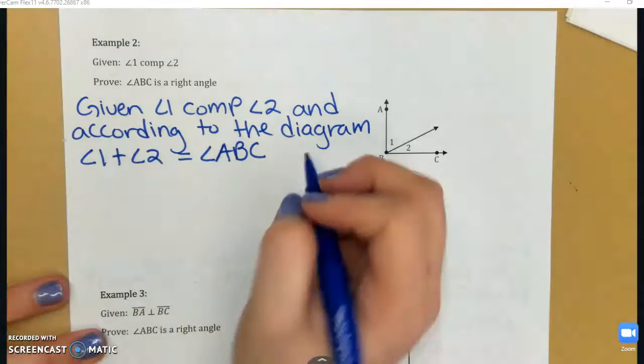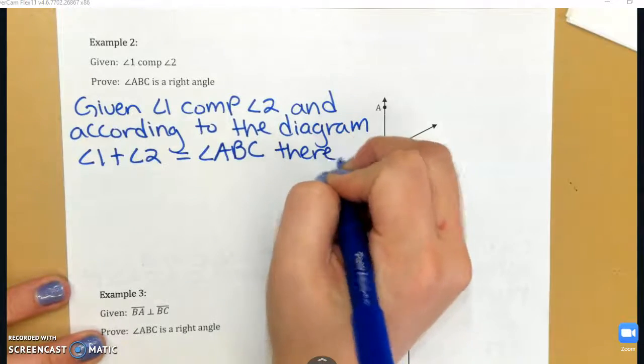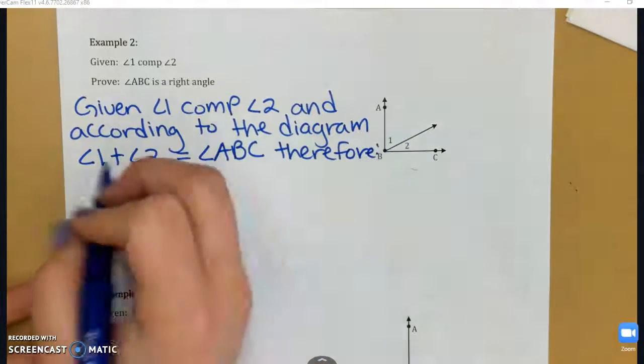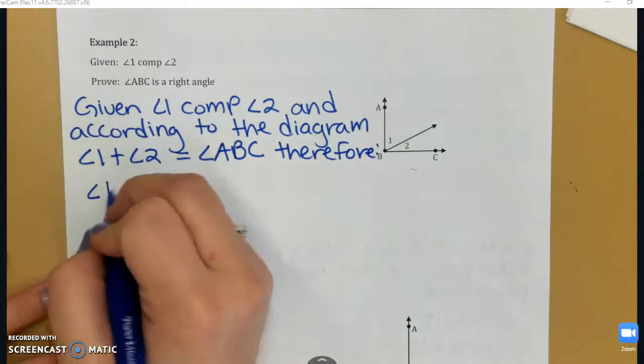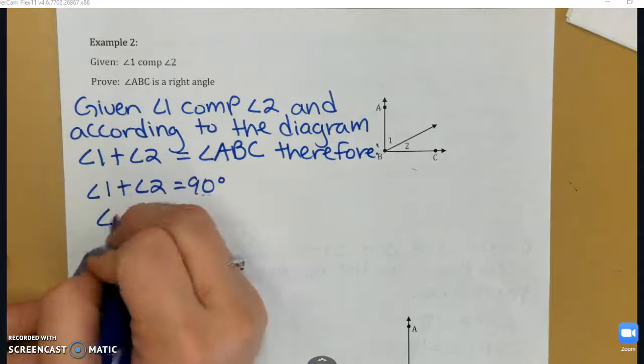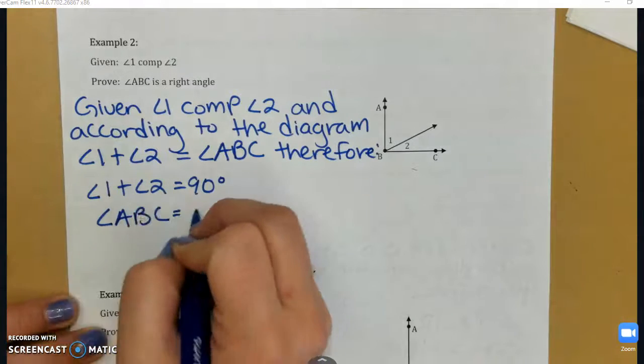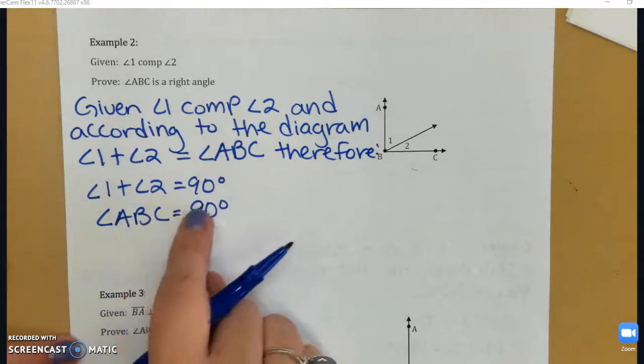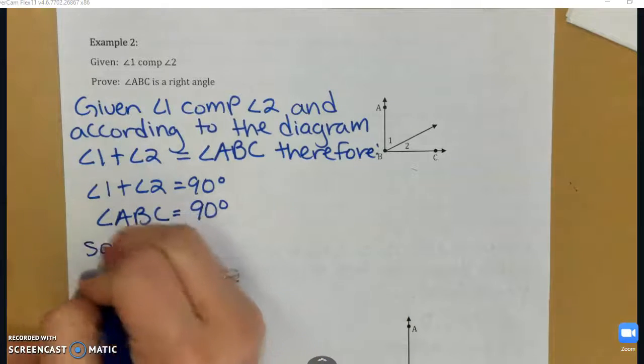Well, because they're complementary, hold on, I need to say therefore. Therefore, I know that angle 1 plus angle 2 equals 90 degrees because they're complementary, which means that angle ABC is 90 degrees. So I've shown that angle ABC is a right angle.